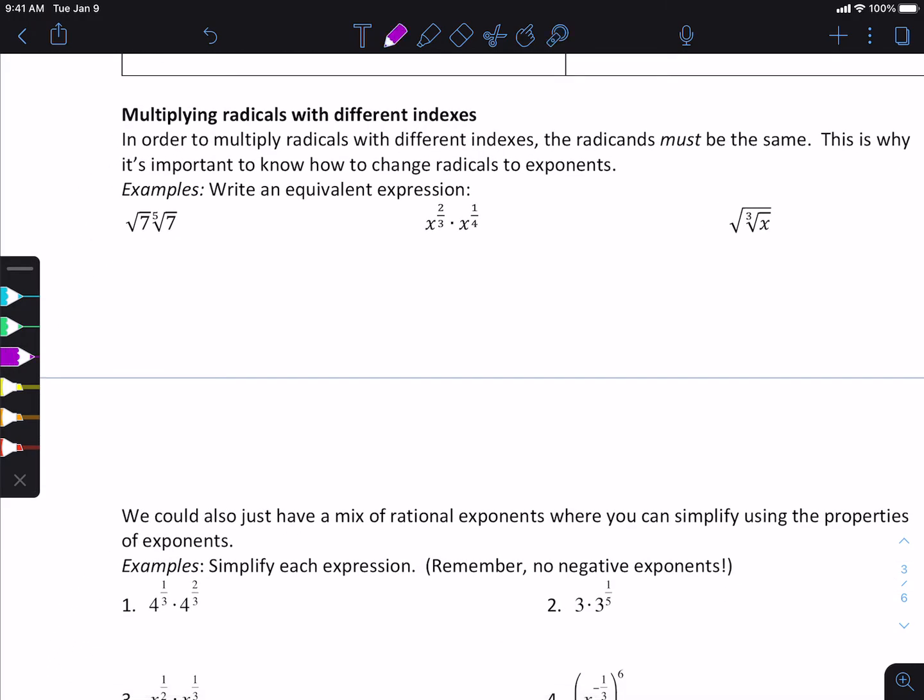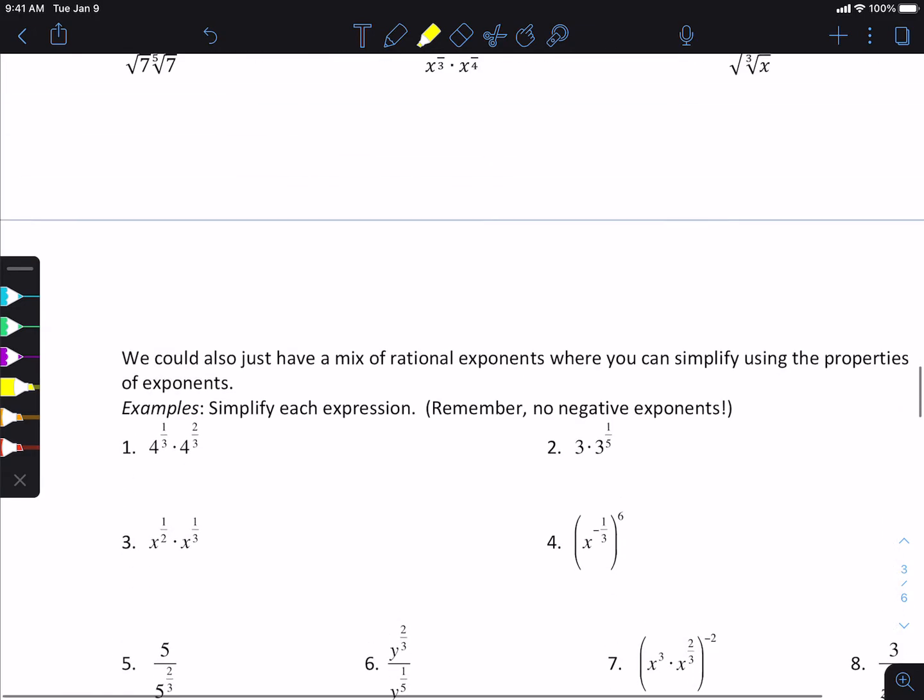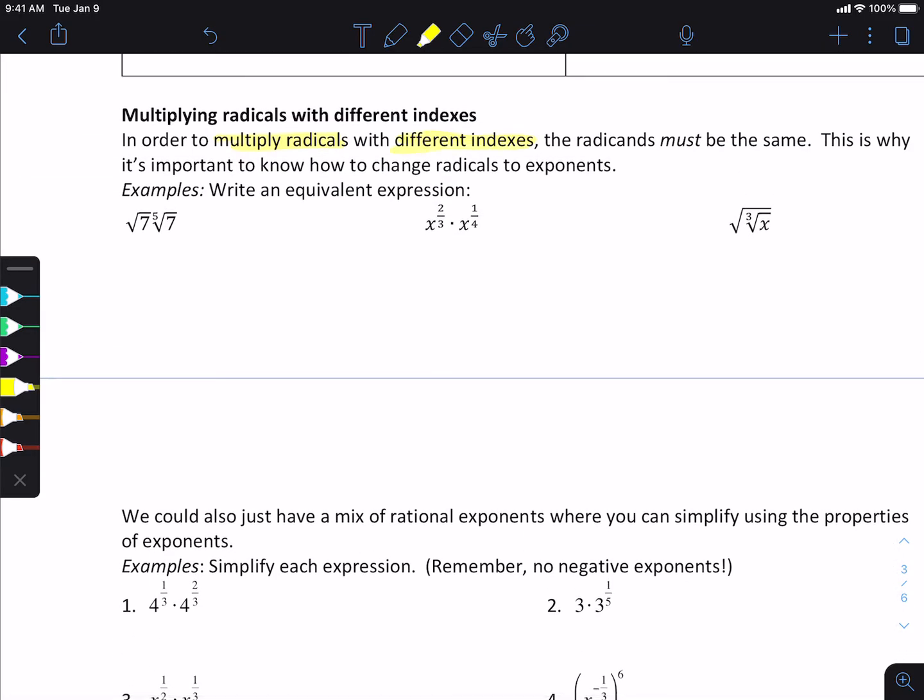So for example here, we can utilize this to help us multiply radicals with different indexes. So we've done multiplying radicals with the same index, but now if we look at different indices, we can multiply the two of them. Now on this, the radicands must be the same. So remember the radicand is the thing underneath the root. Okay.